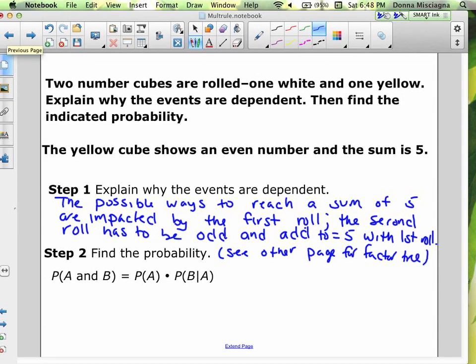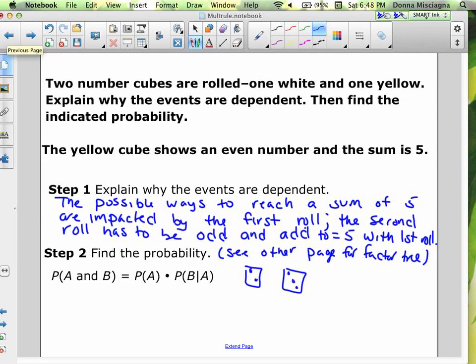All right, so our first option was the 2, right? And we could have rolled a 3 with that.